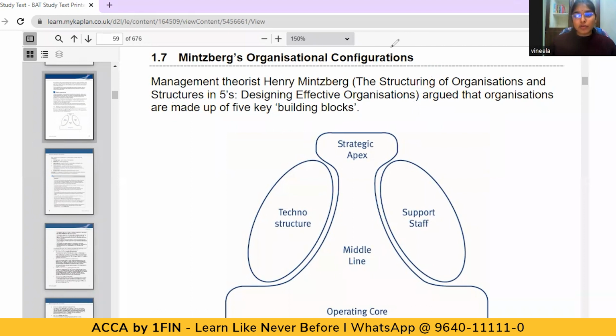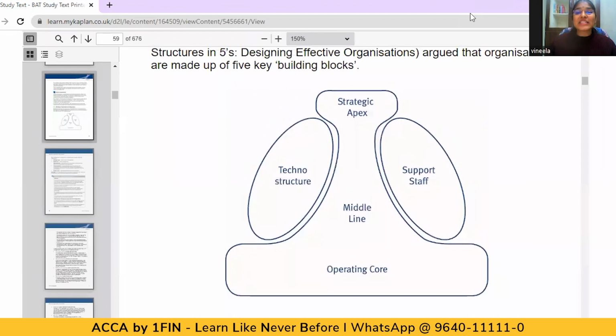He has explained this theory in a diagrammatic form, and he has clearly said that every organization is made up of 5 key building blocks. The point you have to remember, in organizational configuration you have 5 building blocks or 5 stages, where the first stage is strategic apex.